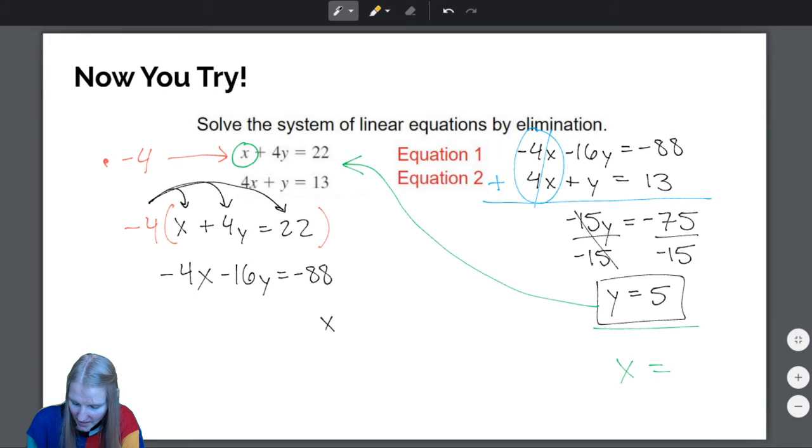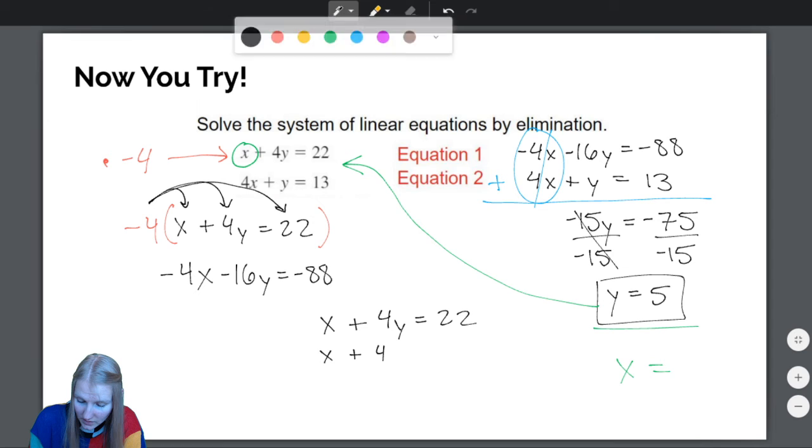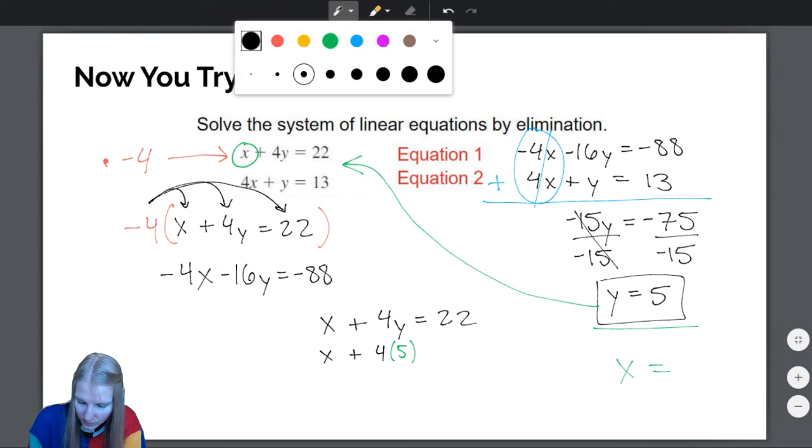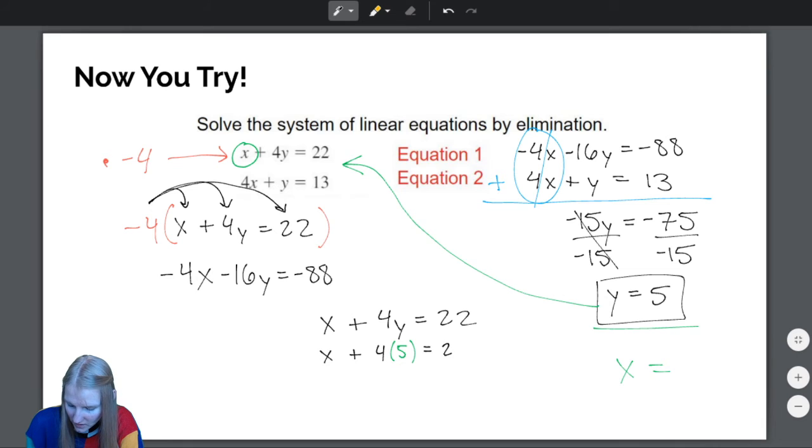We have x plus 4y equals 22. And we know that y is 5. So x plus 4 times 5 equals 22. Gives us x plus 4 times 5 is 20 equals 22.